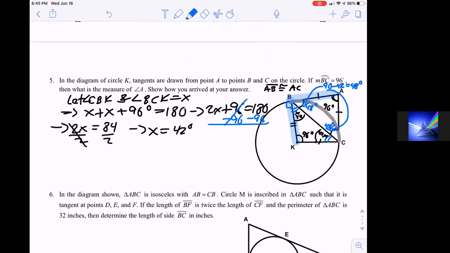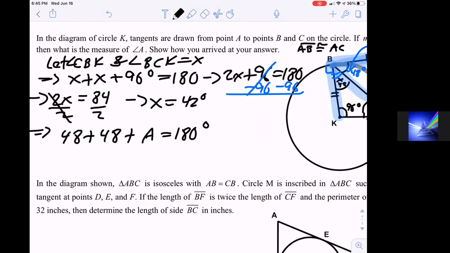Now we're going to take a look at only this blue triangle right here. And we can do that by saying 48 plus 48 plus, we can call it angle A, is equal to 180 degrees. Three angles have to add up to 180. So 48 plus 48 would be 96.